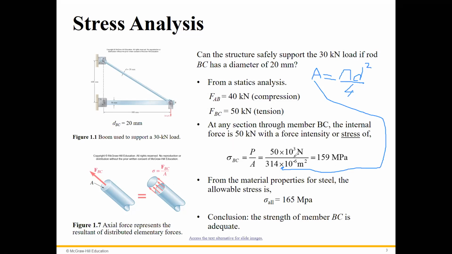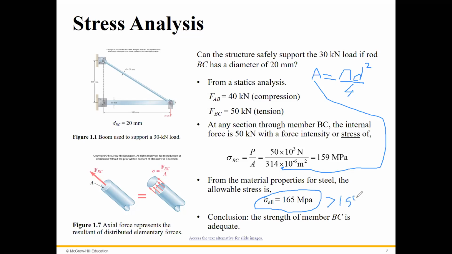And now, maybe from experiments in the lab, the allowable stress is also given, right? The allowable stress is 165 MPa, given. So therefore, we can compare. What do you think? 159 is less than 165, right?